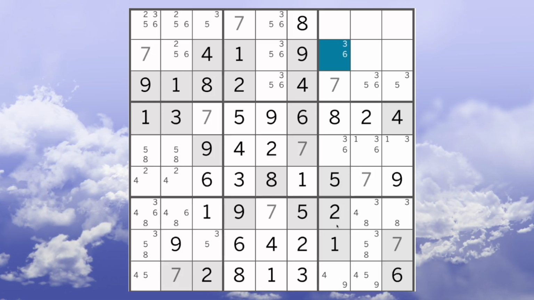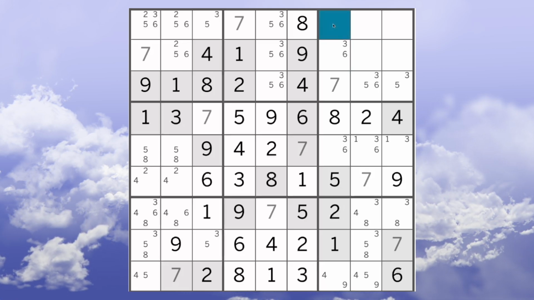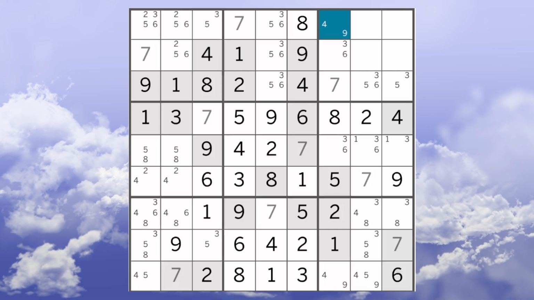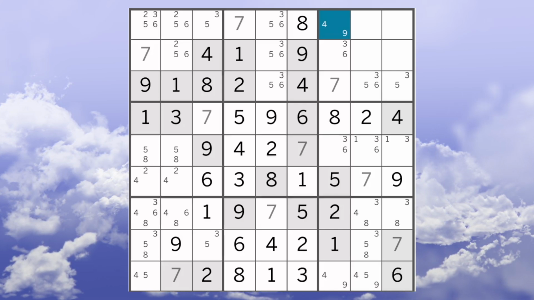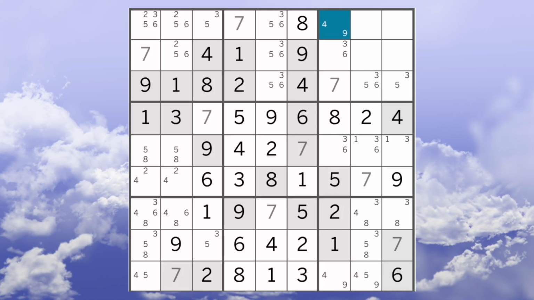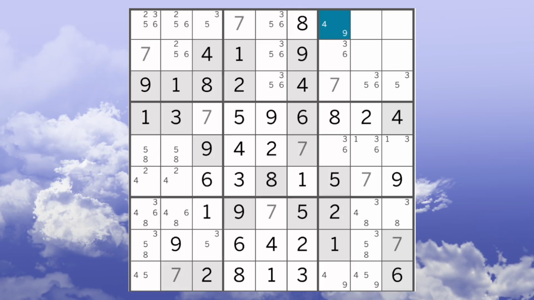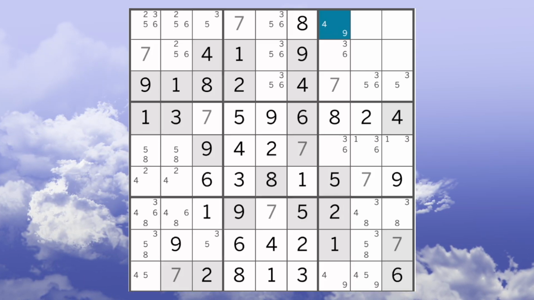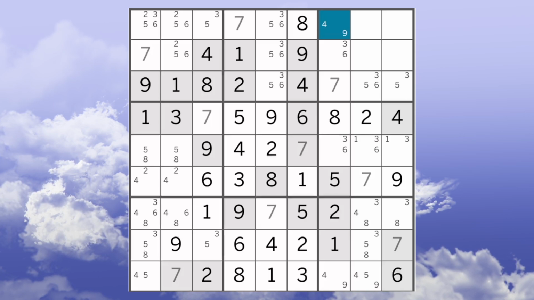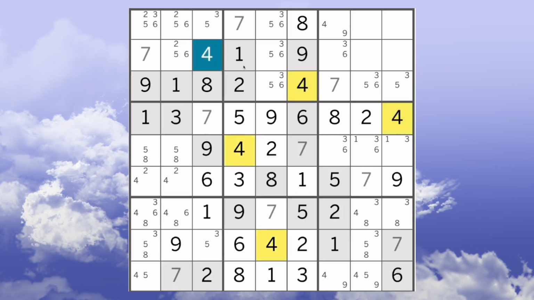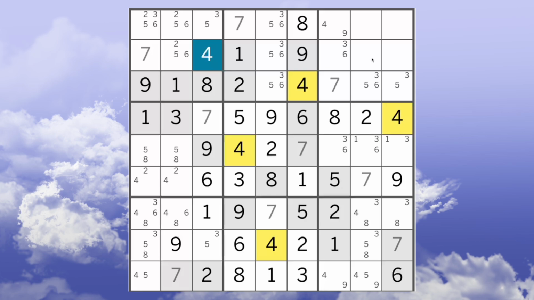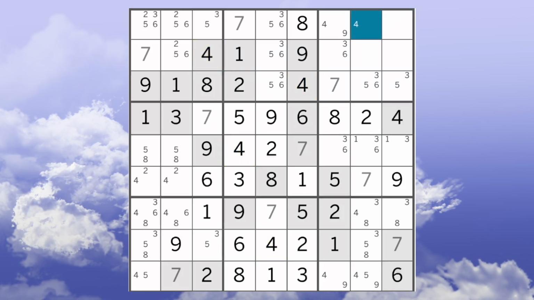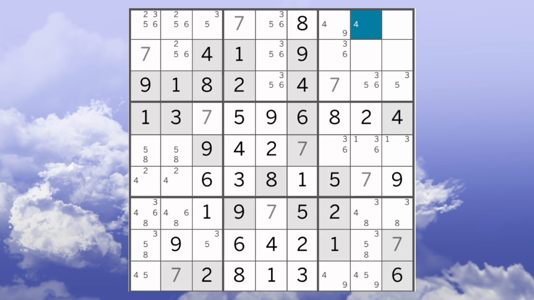So this one has to be a 4 or a 9, which is logical because the 4 cannot be in the center. 4 can't be there, so 4's got to be one of those two.